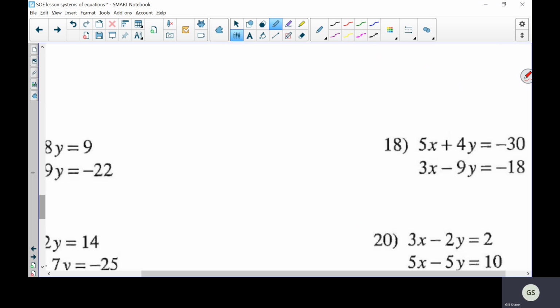There is no number I can multiply this equation times to get the 3 to a 5. There is a fraction, but we would never do that. Nothing times 3 is going to get me to 5. Certainly nothing that's an integer. So again, I can't do that in that problem.